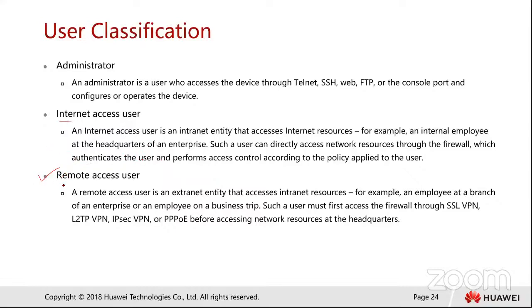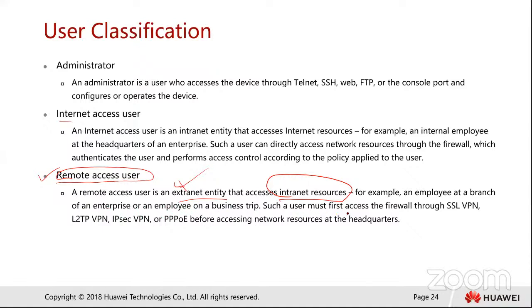And the third kind of user is a remote access user. The remote access user is an extranet entity. Extranet means outside of the organization, accessing your internal or intranet resources. For example, an employee at a branch of an enterprise, or an employee on a business trip.